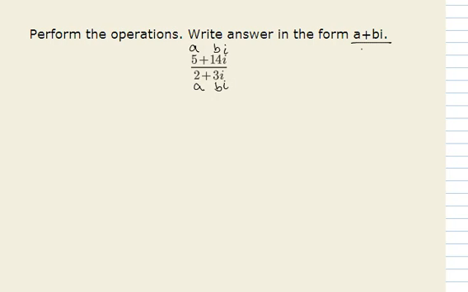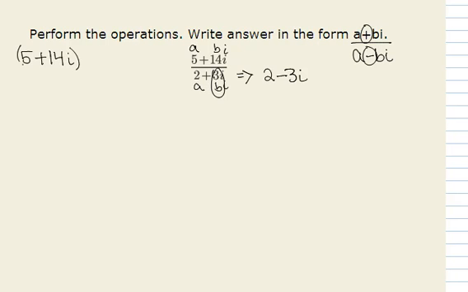A complex conjugate is a complex number in the same form, except you switch the sign of the coefficient in front of the i, or the b term. So the complex conjugate of the denominator is 2 minus 3i, because our b term of 3, we changed the sign from positive to negative. So we're going to multiply both the numerator and the denominator by that complex conjugate.